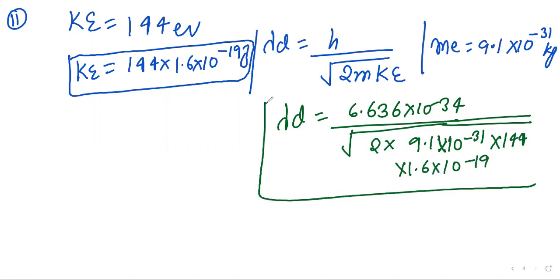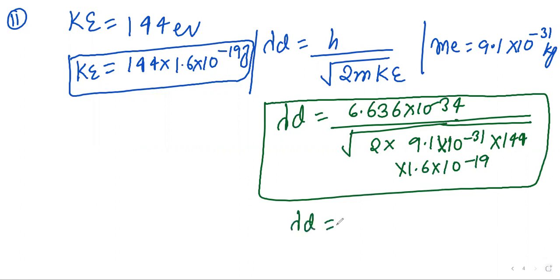So this will be the lambda D. Please write it down. Now see the next question. So after putting the values, you are getting 102 into 10 raised to minus 3 nanometer. N for nanometer.